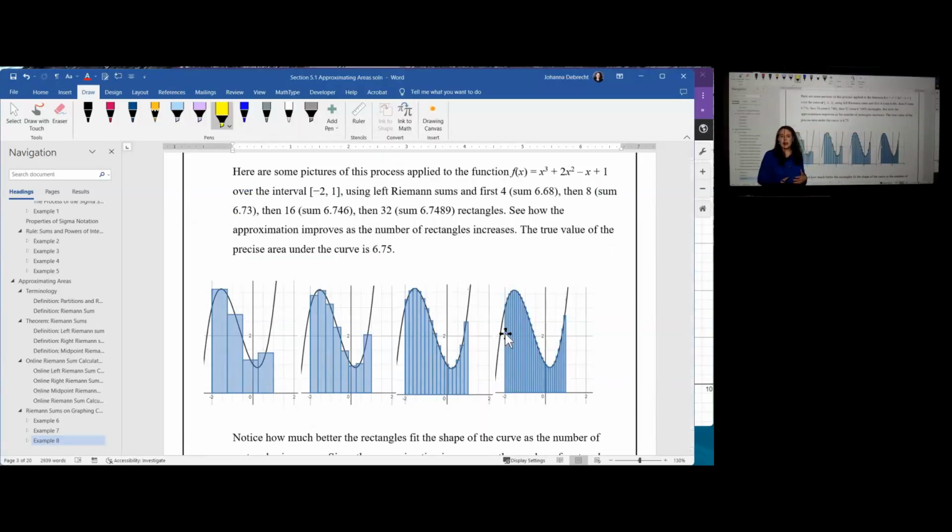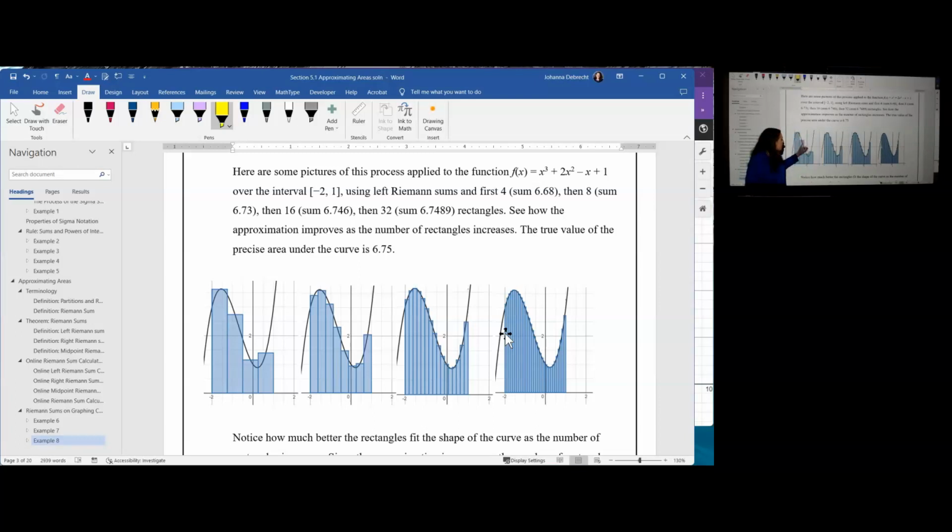We've already discussed how increasing the number of boxes can get our approximation closer to the true value. You can look at this one, which is approximating a cubic function with a wiggle in it. And as we increase from 4 boxes, then to 8, then 16, then 32, the value of the approximation gets much closer to the true value.